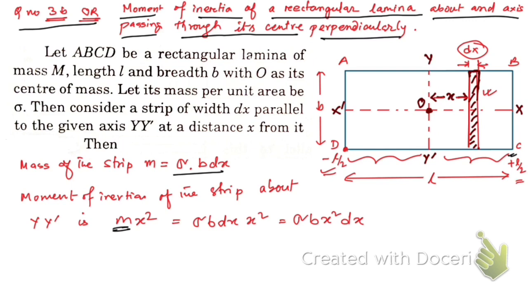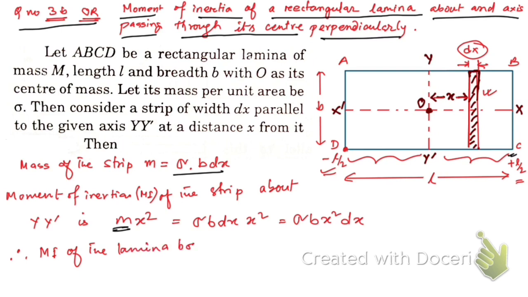So that's why, therefore, moment of inertia, instead of writing moment of inertia every time, I'm going to use MI. Let me remind you, let me write this one in bracket, MI of the lamina about y and y dash, let me write Iy.